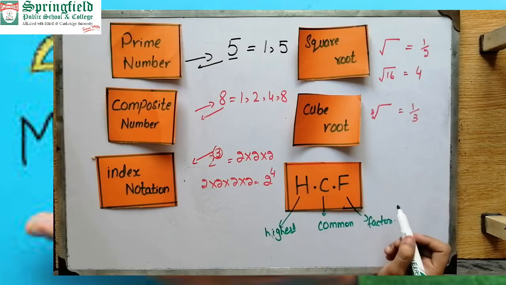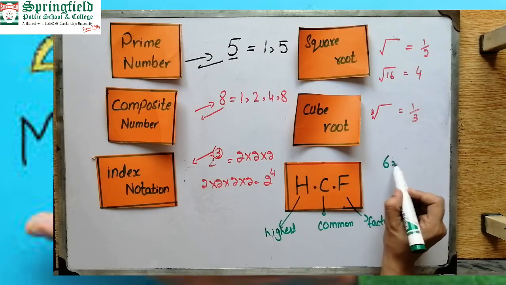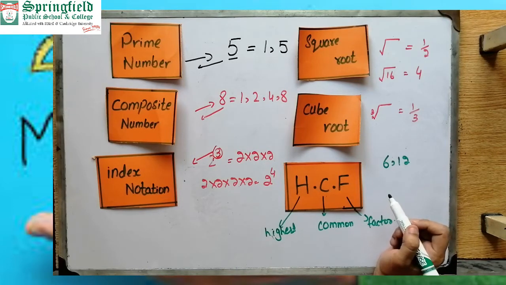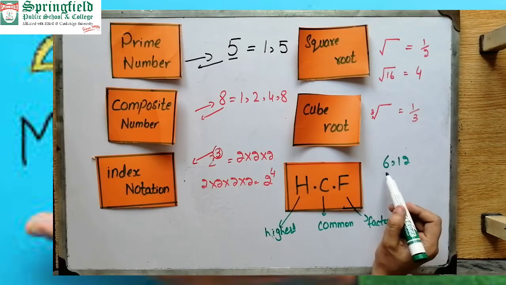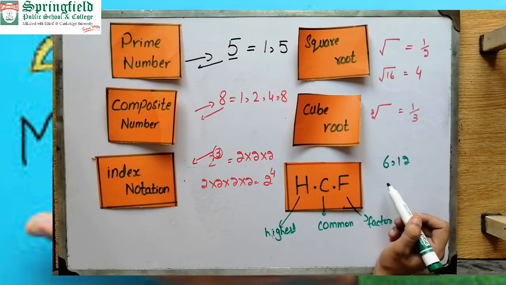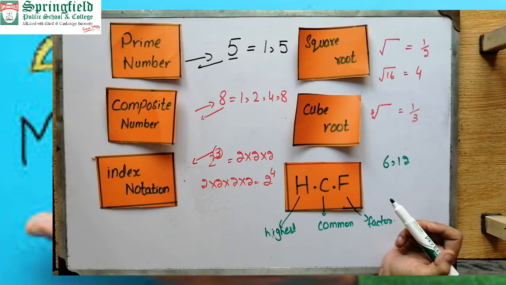So HCF means highest common factor, that is how we find the highest common factor of 2 or more numbers. Fine. There are two numbers, 6 and 12. As we already learned, first we find the factors of 6 and 12 by using the prime factorization method, then we find the common factors, and the multiplication of the common factors is called the HCF.